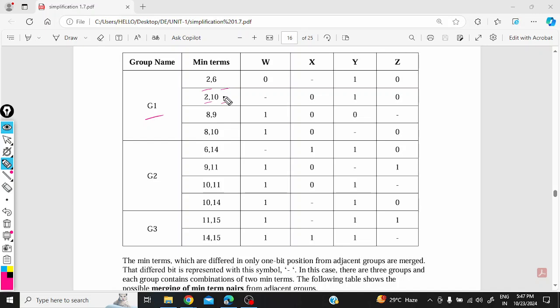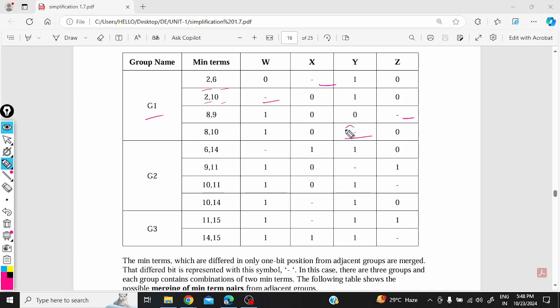Comparing 2 and 6, there is only one bit difference at the second position. Comparing 2 and 10, only the first bit position differs and the remaining bits are the same. Comparing 8 and 9, there is a single bit difference, and 8 and 10 also.